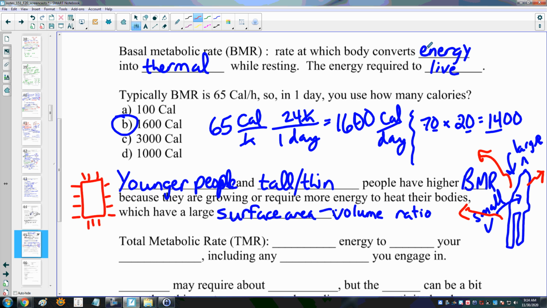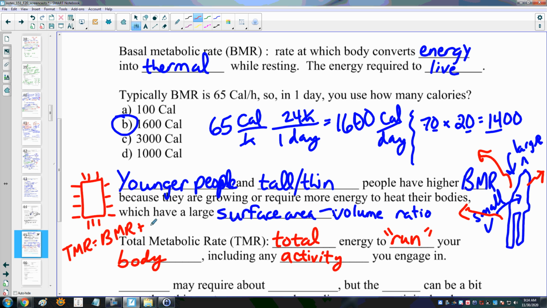The total metabolic rate is the total energy for your body to operate. And that includes any activity that you engage in. So the TMR includes your BMR, plus the energy due to any activity.